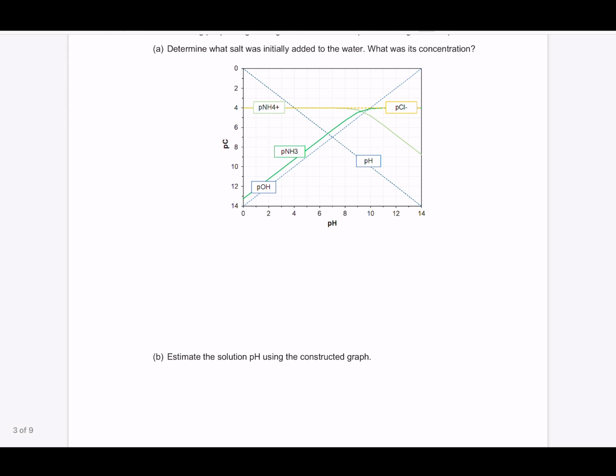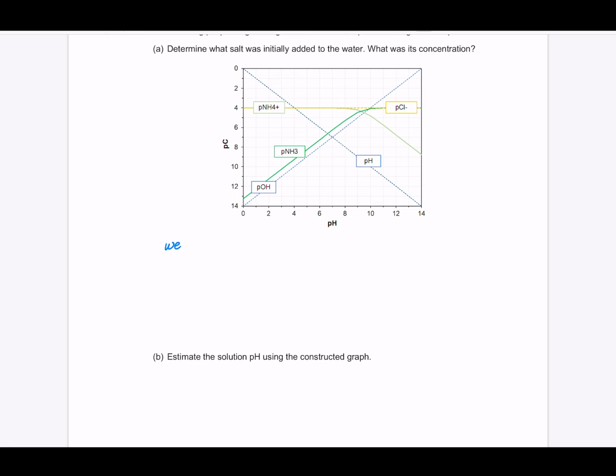If it was just pure water, we would have only the OH minus line and the H plus line. But it seems we have this pair of ammonia, ammonium. So obviously ammonium was somehow introduced to the system. And when we look at the species, we see that ammonium was added as ammonium chloride.